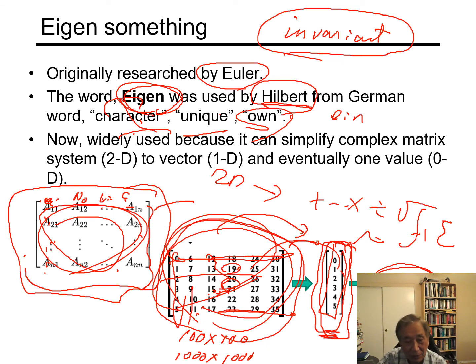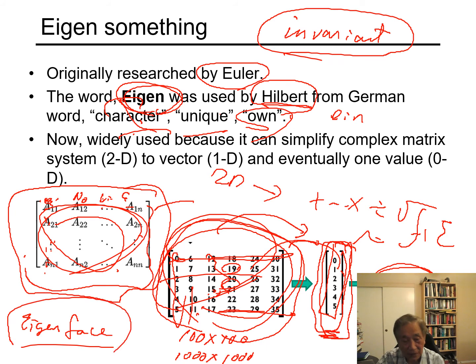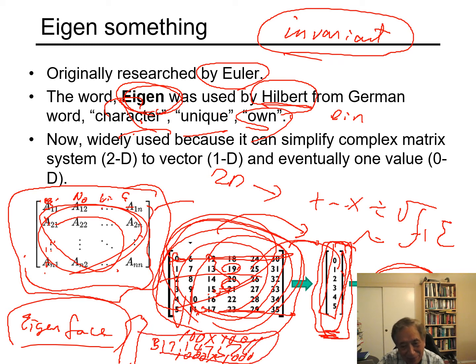So later on we'll talk about eigenface. The face has a lot of features, and that can be in a large 2x2 matrix. Can we make it into a single value, if lucky, like 317.1475, a very lengthy number, because everybody's face is different?